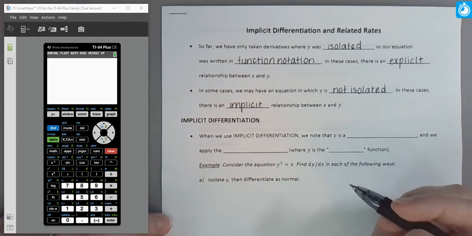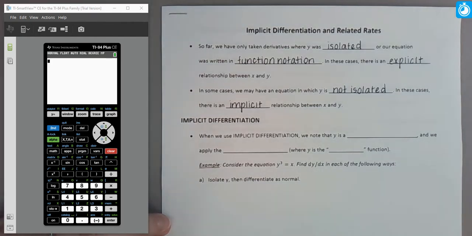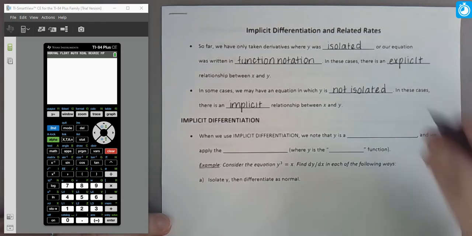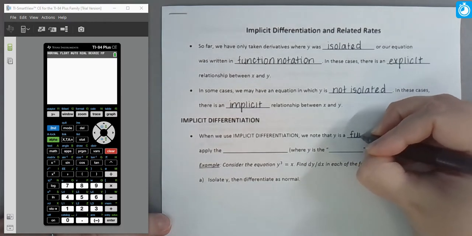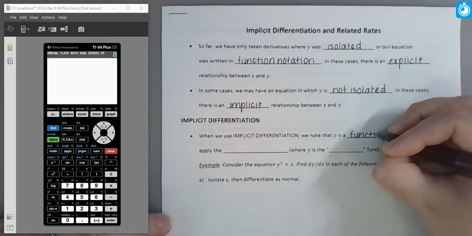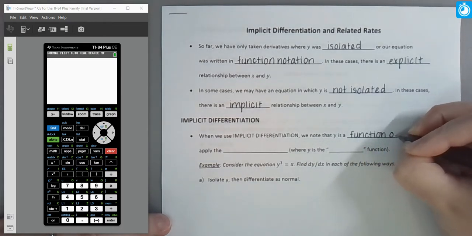So we're going to use a different differentiation strategy in order to find the derivative of y with respect to x when our variable y is not isolated. So we're going to use some of the same strategies we've used already, just in a slightly different way. So when we use this strategy of implicit differentiation, what we're doing is we're taking into account that y, even though it's not isolated, y is a function of x.